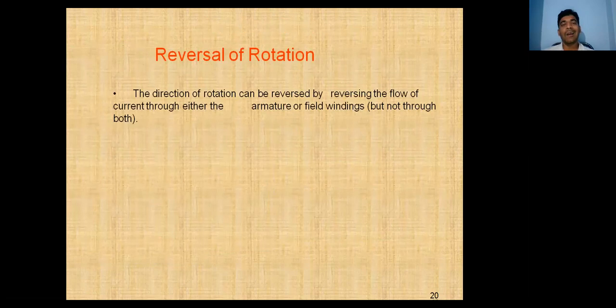Coming to the reversal of rotation. The direction of rotation can be reversed by reversing the flow of current through either the armature or field winding, but not through both.